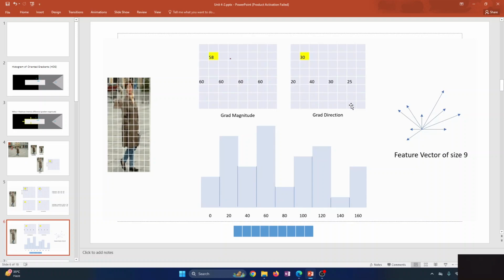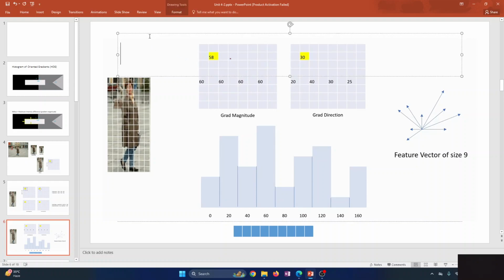Okay, now listen to me very carefully. What we are doing is we are creating bins. See, whatever the angle will be, it won't be more than 180 degrees, right? It won't be more than 180 degrees.